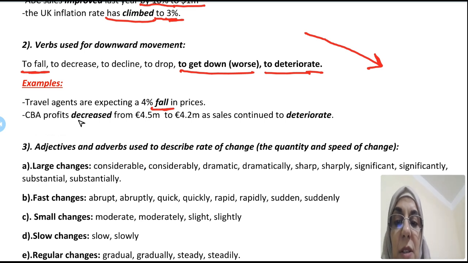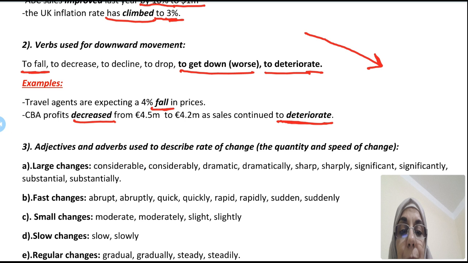CBA profits decreased from 4.5 million euro to 4.2 million euro as sales continued to deteriorate. So notice that here the first verb is to decrease, but it is used in the past tense, and since it's a regular verb we have added ed. Here we've got the infinitive form of the verb, which is to deteriorate.